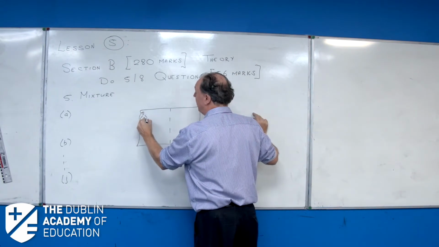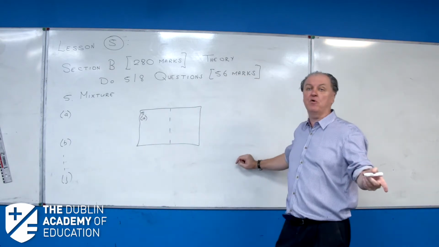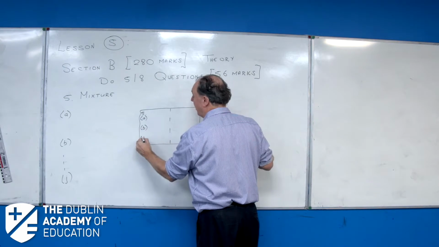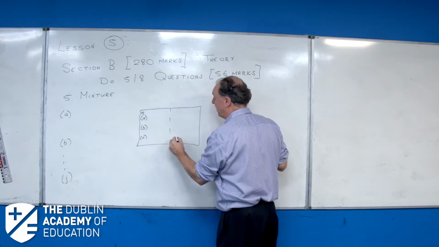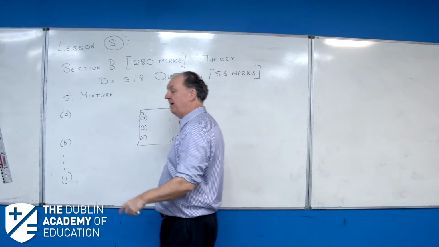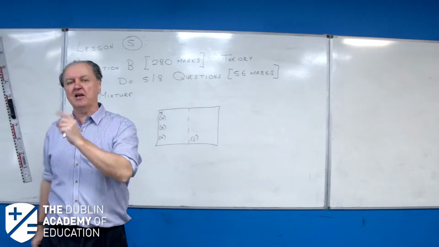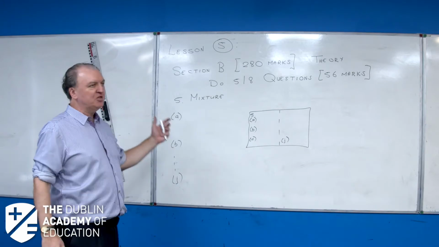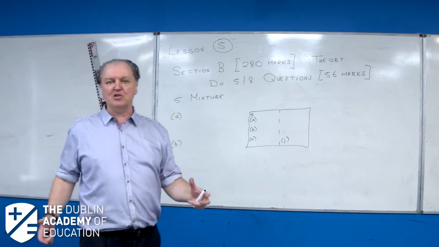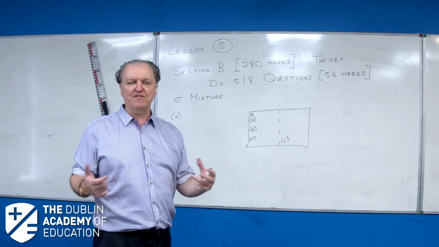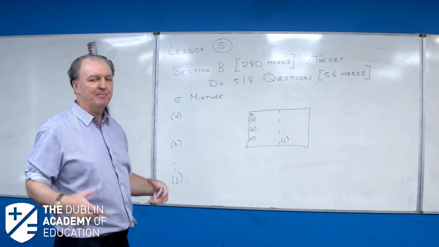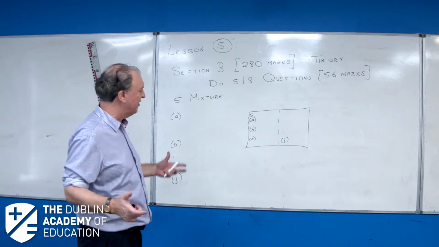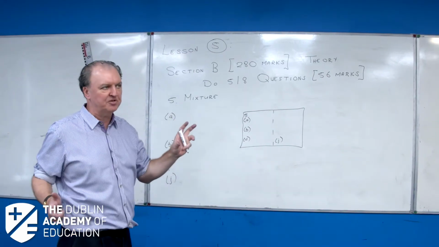I write down part A, skip 3 or 4 lines, write down part B, skip 3 or 4 lines, and go all the way down to part J. And I actually don't feel like I'm doing a question when I do question 5. It's 10 short questions, very simple stuff like definitions, little formulae, a little bit of real life physics. They can't ask you anything too difficult.